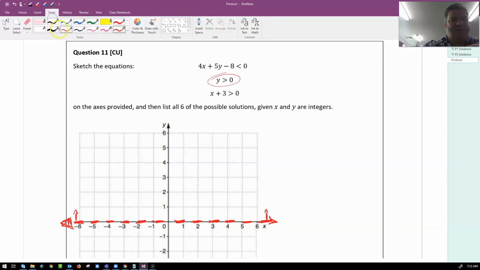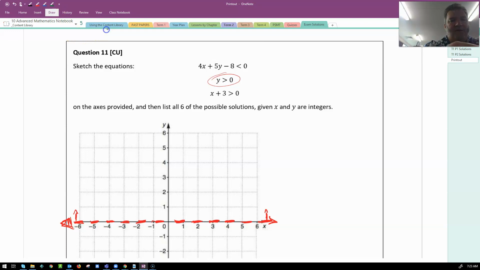Let's choose a different pen. The pink pen here, we're going to do x plus 3 is greater than 0. What's that equivalent to? X is greater than negative 3. Negative 3 is a vertical line going through negative 3.